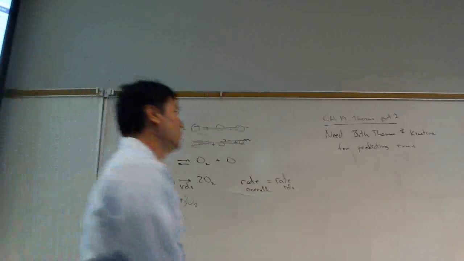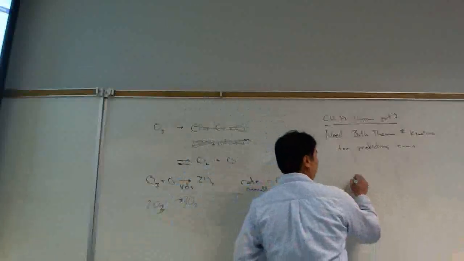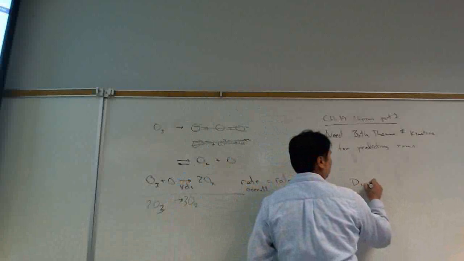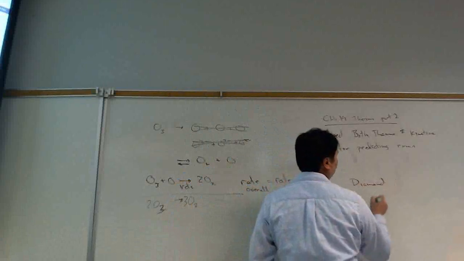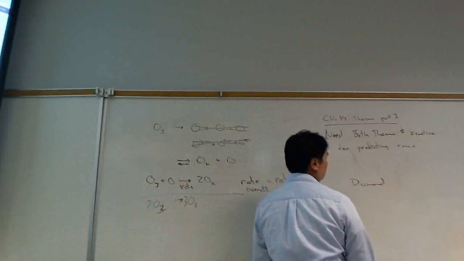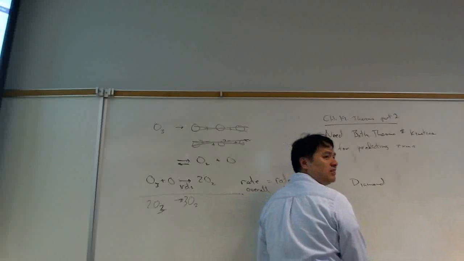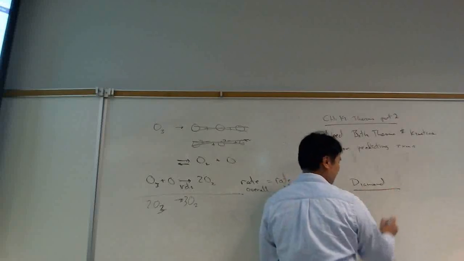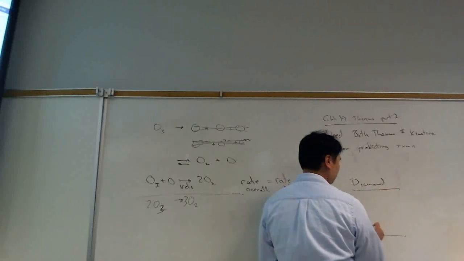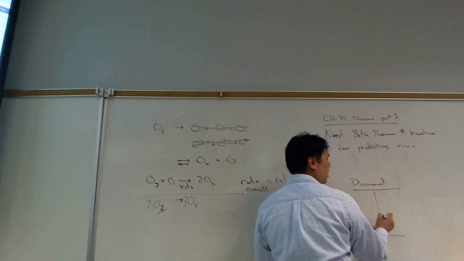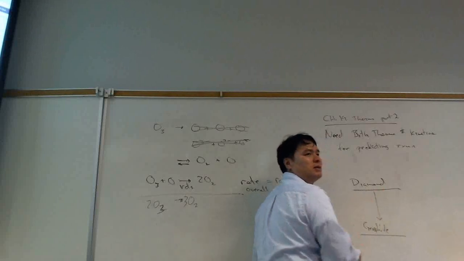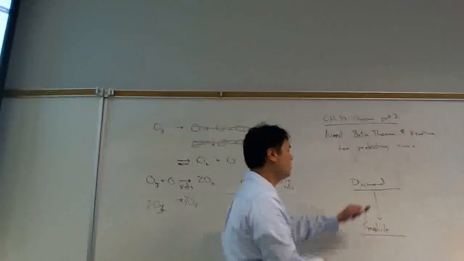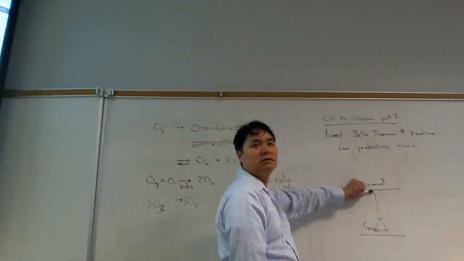Because in thermodynamics, we know that what's more stable, diamond or graphite? Graphite's more stable. And so what we say is there's a thermodynamic driving force, because in nature, things tend to go from higher energy to lower energy.